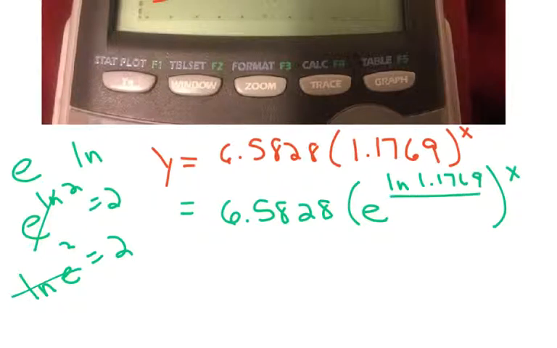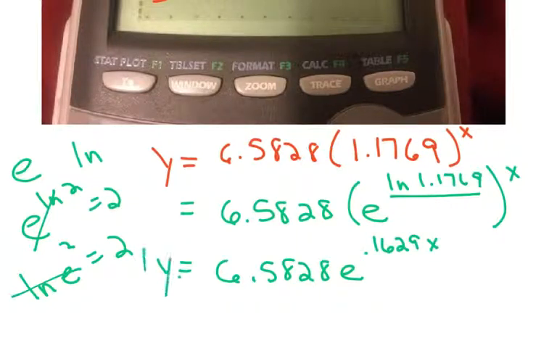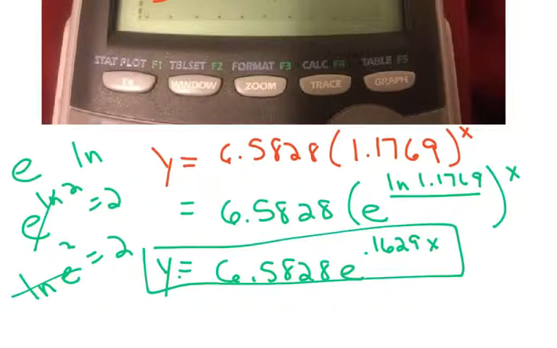Now I'm actually going to evaluate the natural log of 1.1769, and my calculator spits out 6.5828 e to the 0.1629x. So this is the same equation, except in terms of base e.